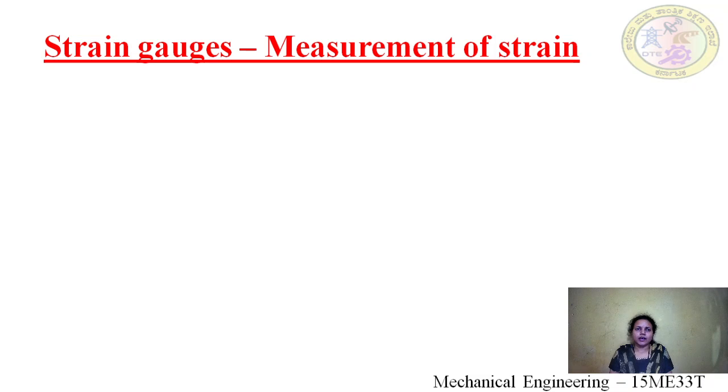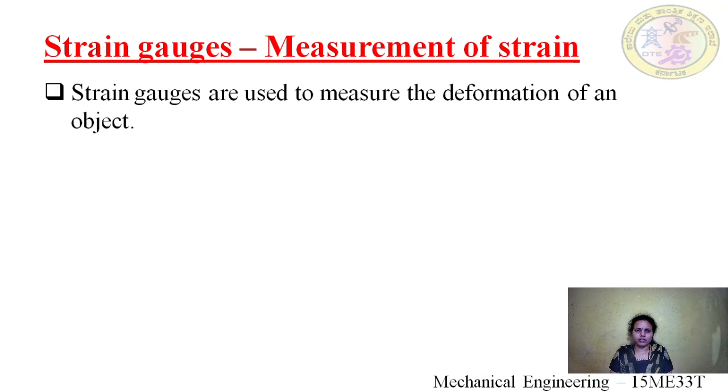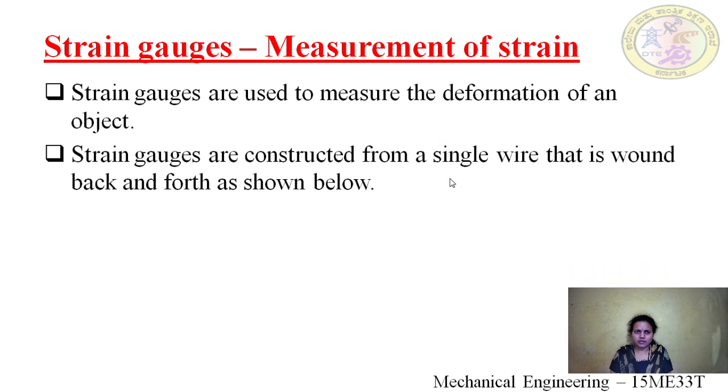The next topic we are going to deal with is strain gauges, or measurement of strain. Strain gauges are used to measure the deformation of the object. So what is the function of a strain gauge? These are used to measure how much deformation has taken place in an object.